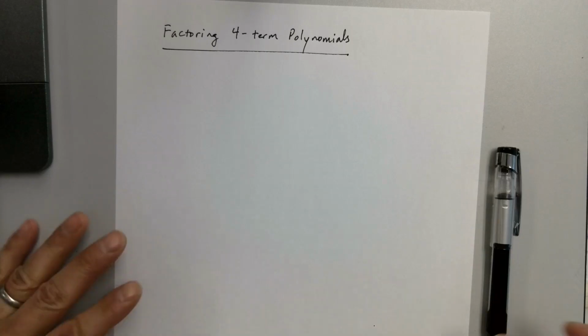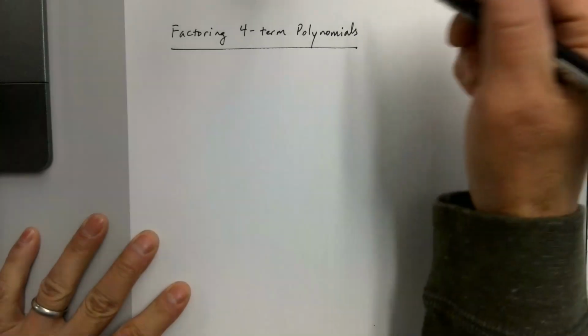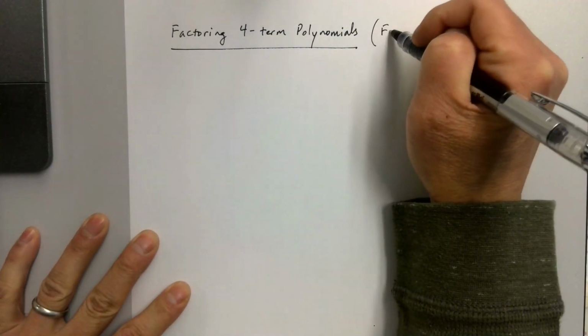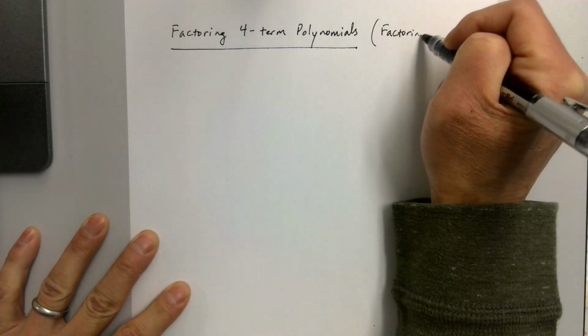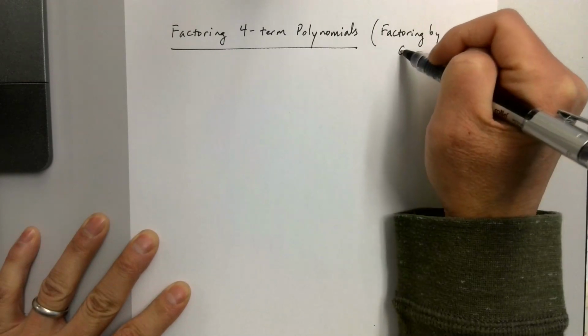Good afternoon again. Today we are factoring four-term polynomials. This is also called factoring by grouping.